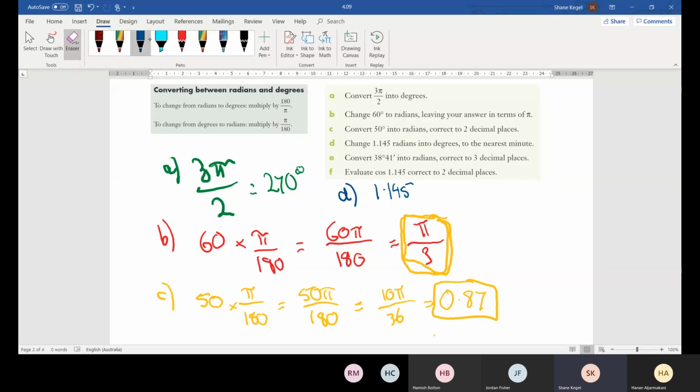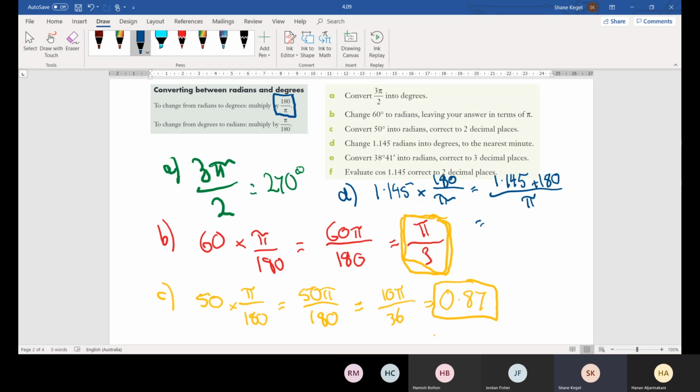We want radians to degrees, so I'm going to use the degrees on top. So multiply by 180 on pi. That should give me 1.145 times 180 as my numerator, and pi is my denominator.